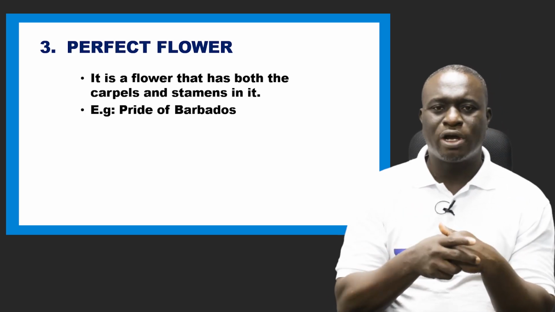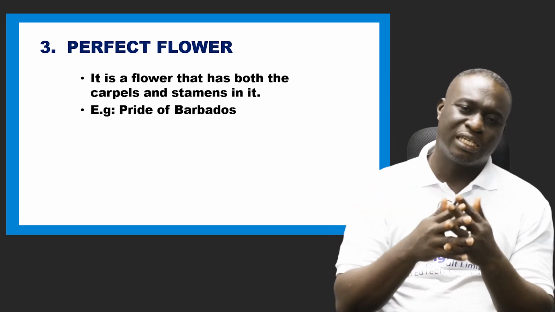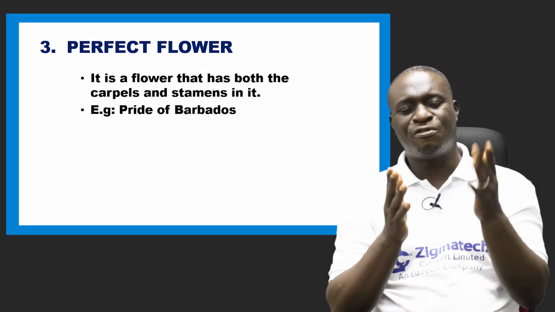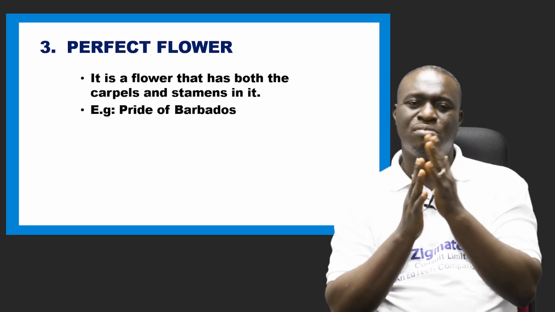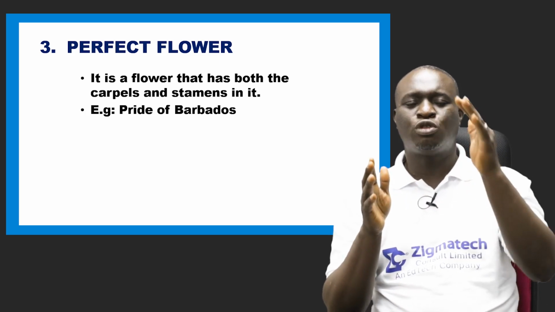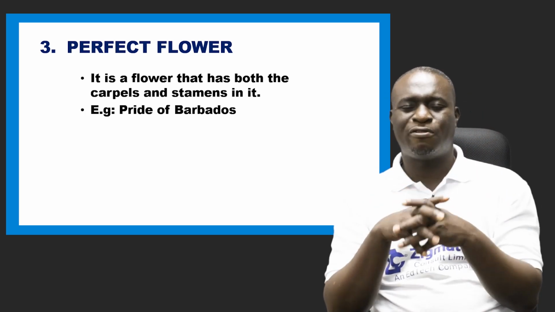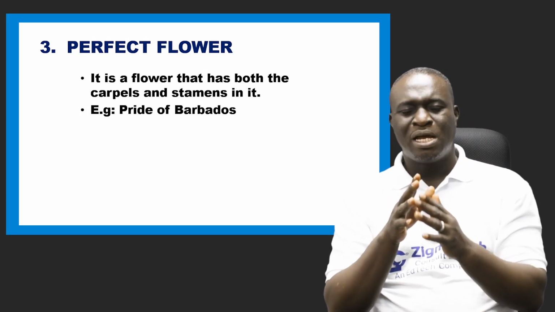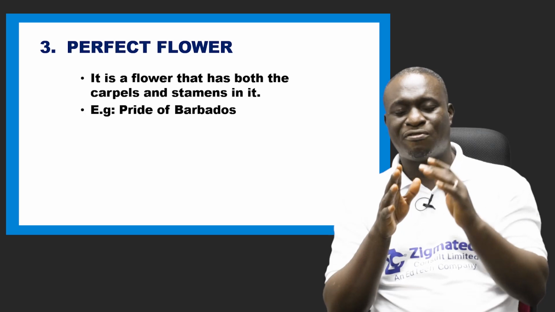We're going to look more at what carpels and stamens are, but let me just tell you: carpels are the female reproductive part of a flower, while the stamens are the male reproductive part. So a flower that has both the male and the female reproductive parts is referred to as a perfect flower. Pride of Barbados is an example of a perfect flower.